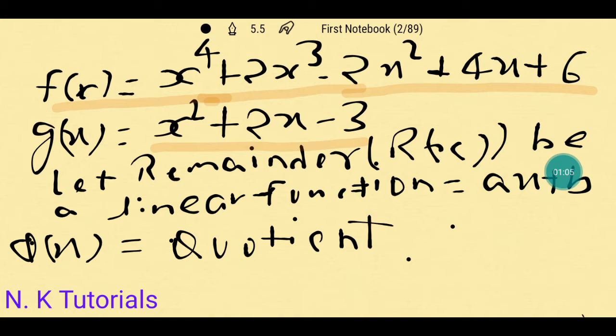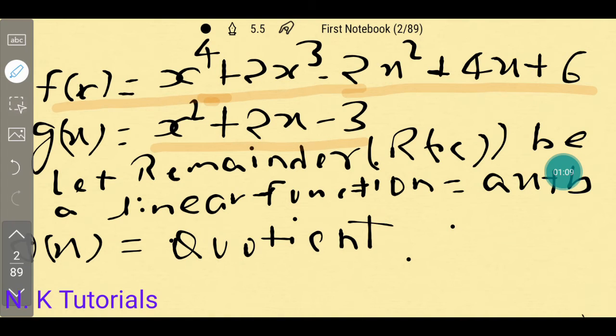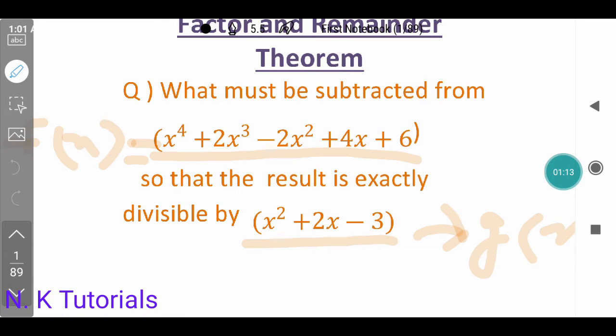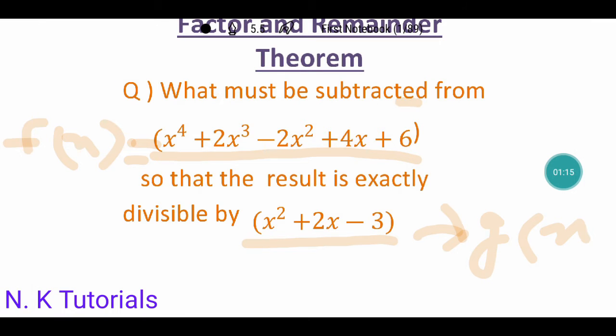Now the question was, what must be subtracted? So according to the division algorithm, we will solve this question.